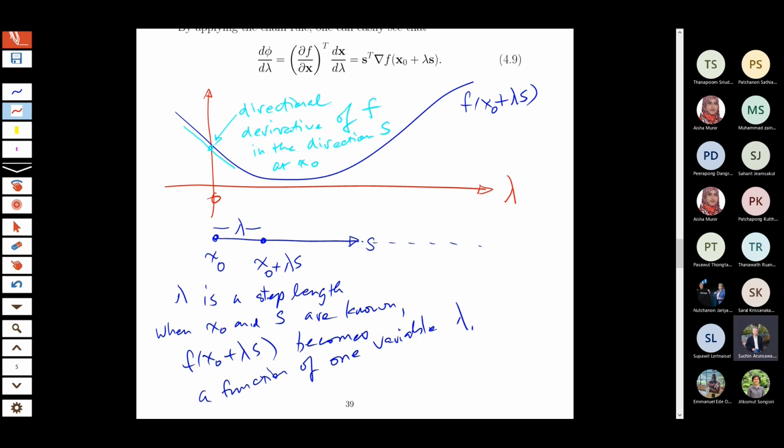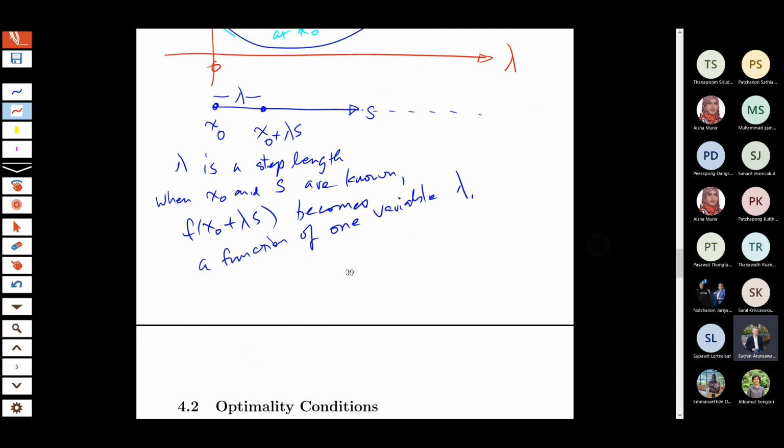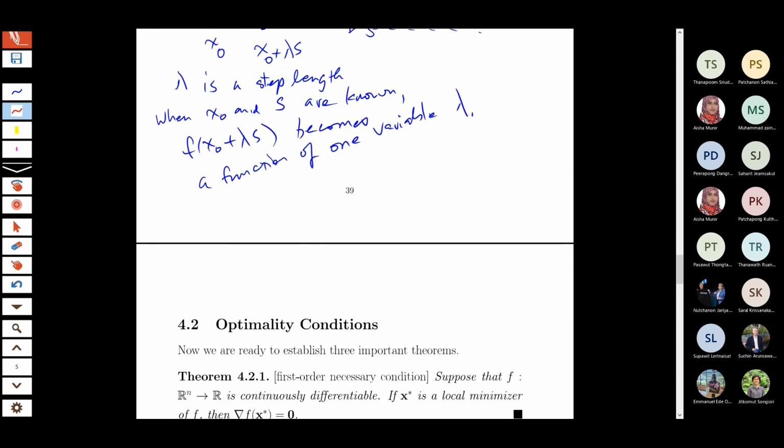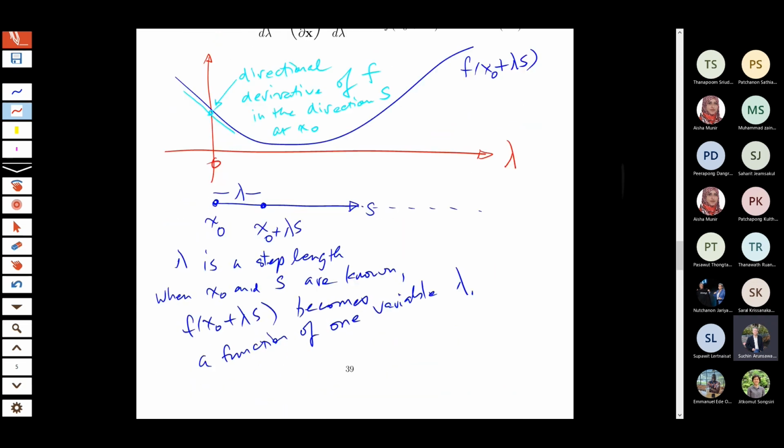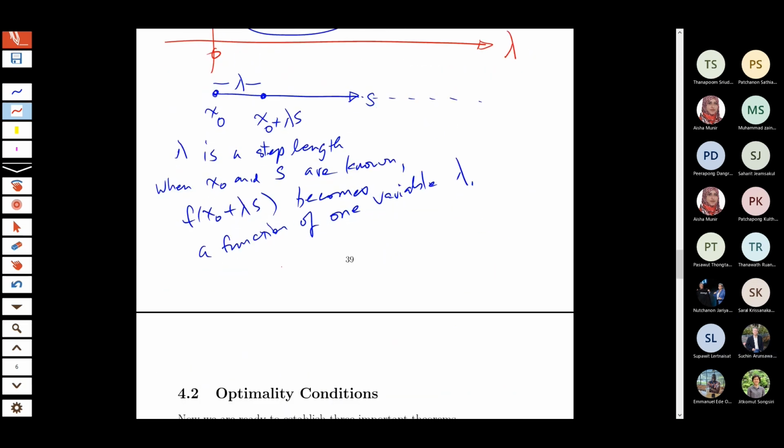You see the slope? This is the slope, okay? Now you see that the slope at this point is the derivative of f of x naught plus lambda s with respect to lambda, where lambda is equal to 0.